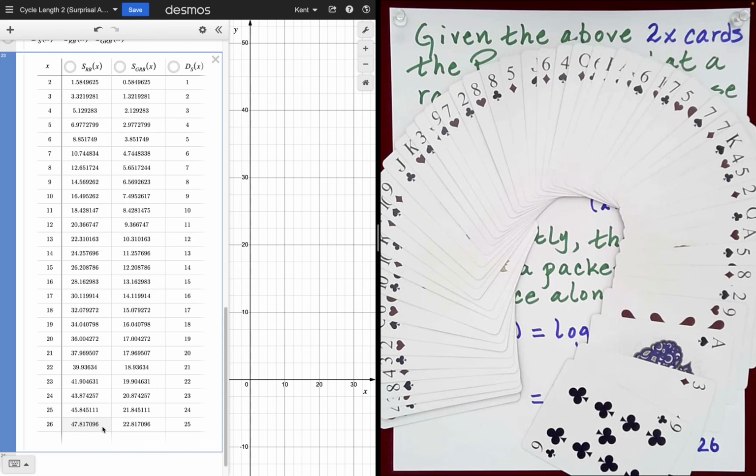Well, as we can see on the table there, the surprisal associated with that outcome is 47.81 bits. Well, to give you a frame of reference, the surprisal associated with winning most any lottery out there, or the surprisal for being struck by lightning, is about 20 bits. So this 47 bits is more than double that. So that would be like winning a high stakes lottery twice or being struck by lightning twice.